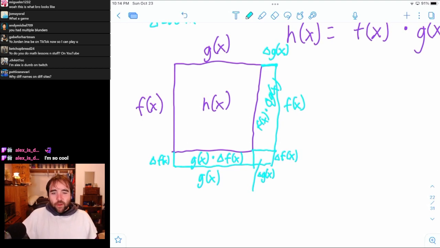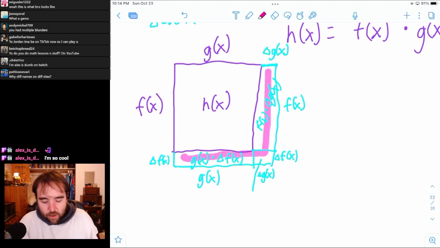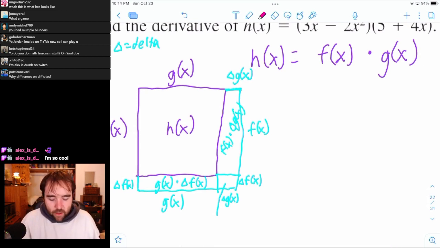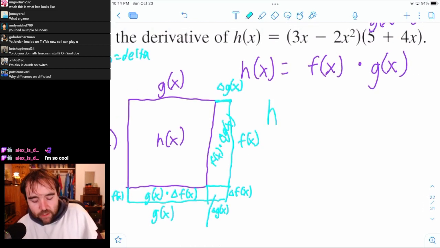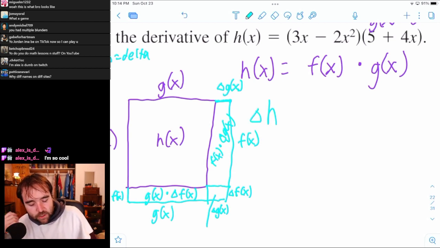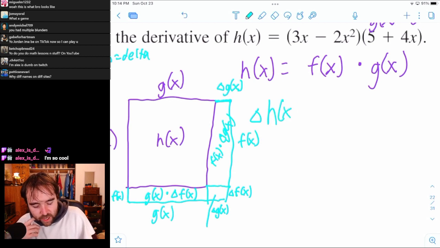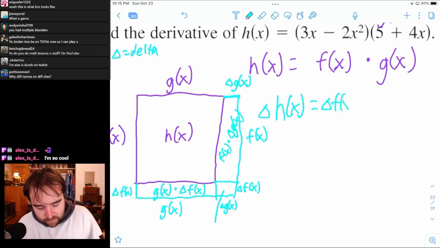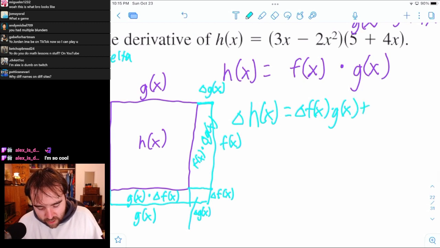So what then is the change in the area? Well, the change in the area is just this part right here. That's just adding up everything we added together. And since h is the area, that's like saying that the change in area, the change in h of x, is equal to the change in f of x times g of x plus the change in g of x times f of x.